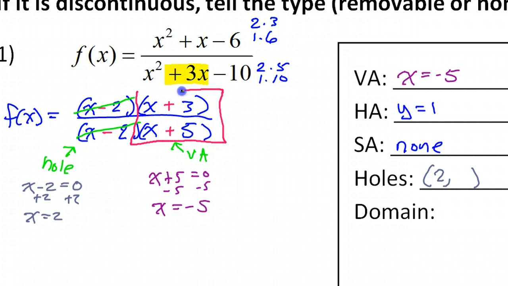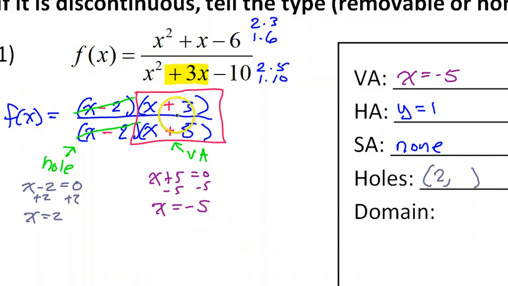Not the whole function. Otherwise, I'll just get an error at 2, which is why there's a hole there in the first place. You can't have 2, because 2 minus 2 is 0, and then I have a 0 in the denominator, so I can't put the whole function in. But if I put in this part that doesn't cancel, that will help me find the y value.